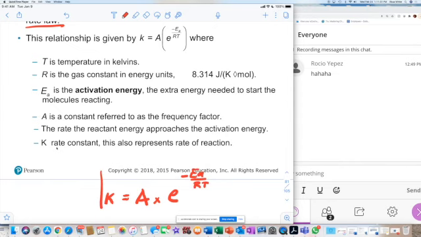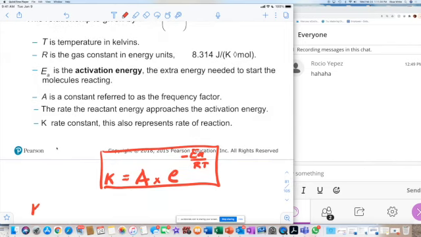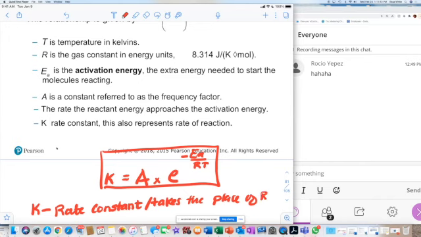So this is what the equation really looks like. Here we have k. k is that rate constant we were looking at before. And I'll just tell you, this takes the place of rate.